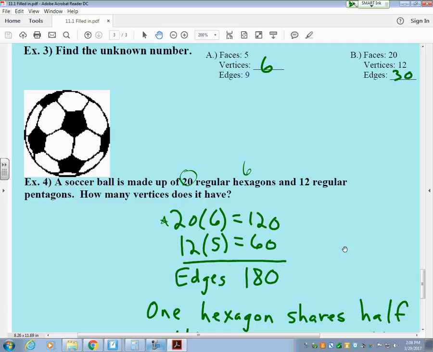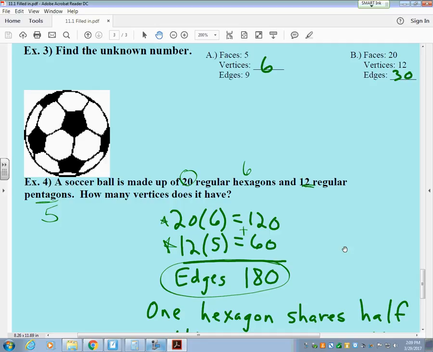And then I have 12 pentagons, so 12 times 5 is 60 edges. I'm going to add those two together to see that my total edges for a soccer ball is 180.